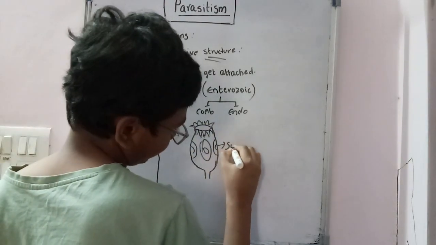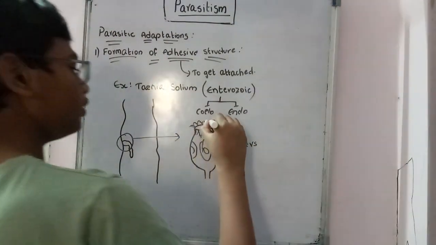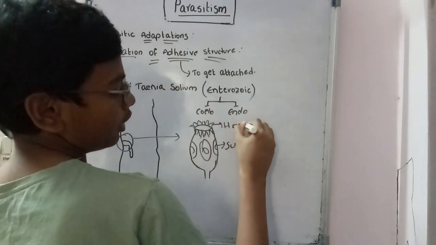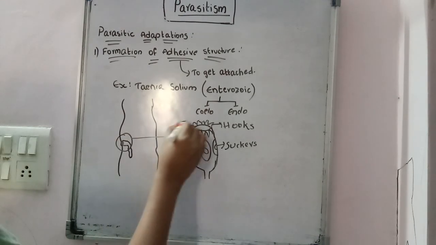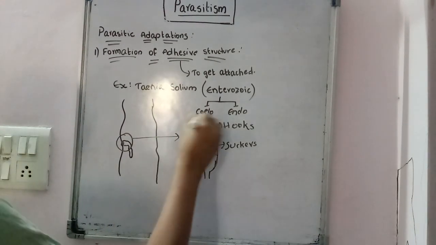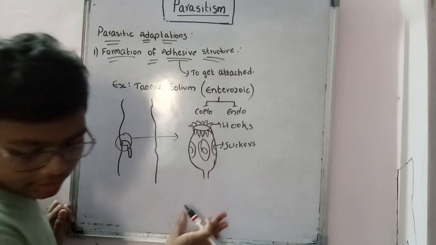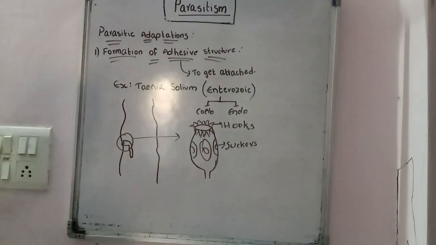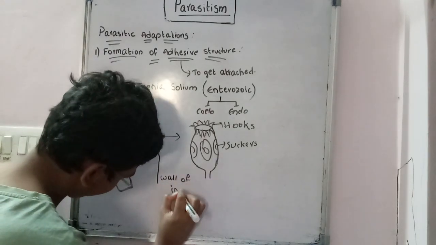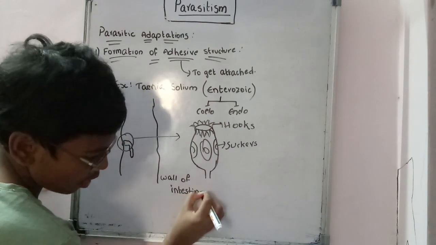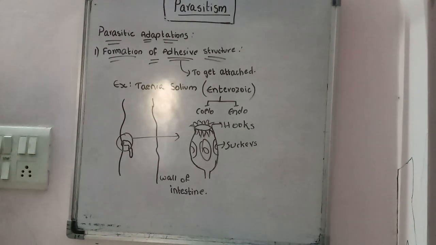So these are suckers, and these are hooks. Hooks are used to connect two things like this. The suckers are used to suck the material that they need for development, and this is the wall of the intestine. This is about the first adaptation of parasites, which is the formation of an adhesive structure.